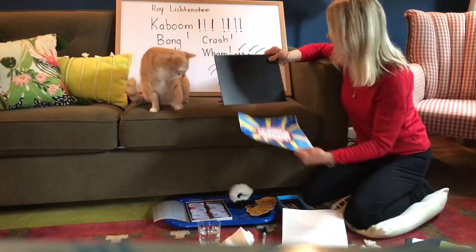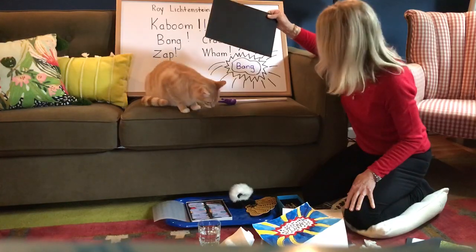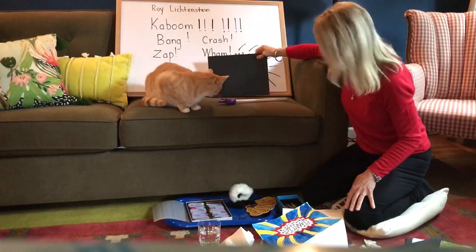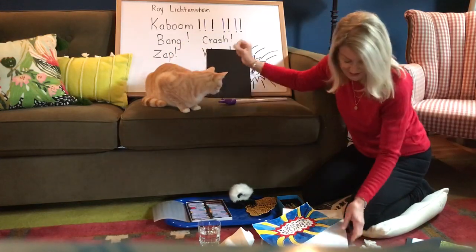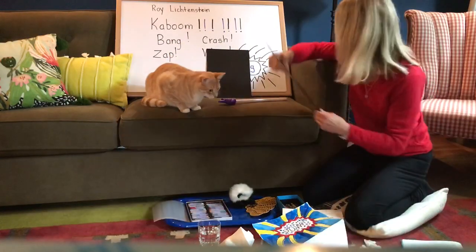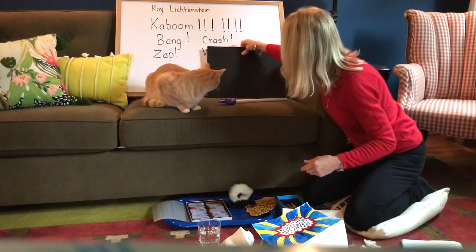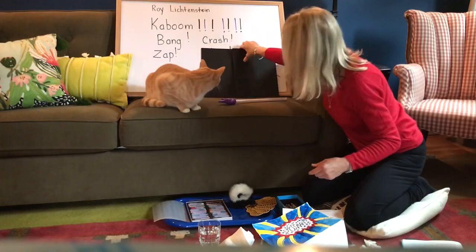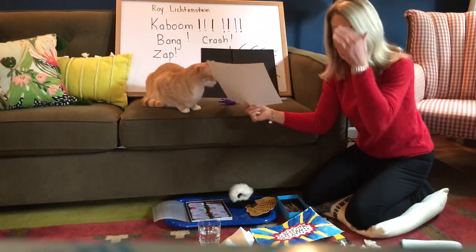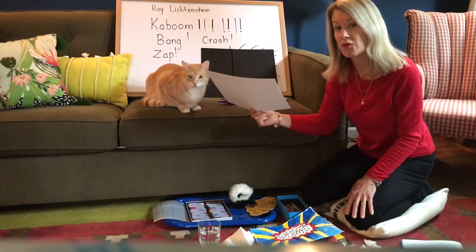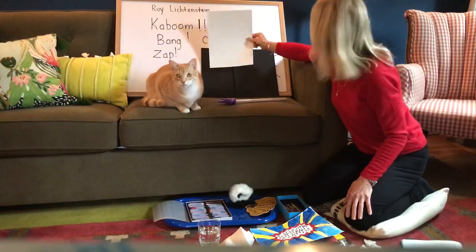Okay, so I have these black boards, which I thought were kind of cool, because then I can make my painting. I can kind of put them right here so you can see a little bit better, because I'm going to use white paper. And I'm just going to put them up like that. And then I'm going to put my piece of white paper. You could use any kind of light paper if you want. If your paper's too dark, you're not going to be able to see much of it.